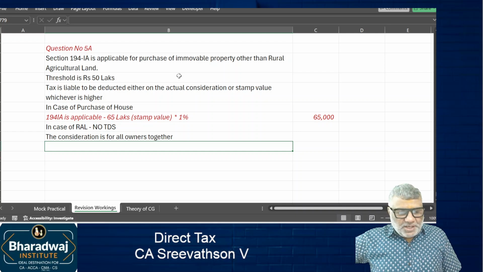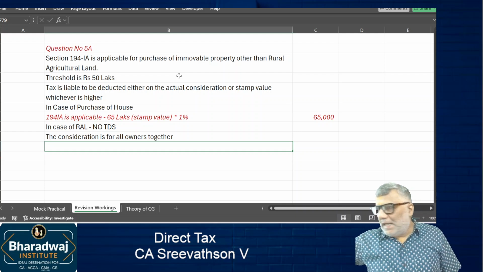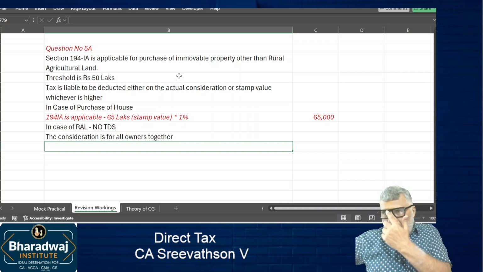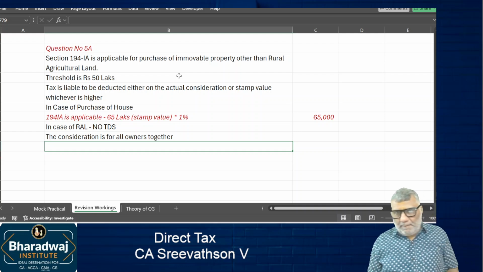The consideration is the threshold and not per owner. 50 lakhs is the threshold and not per owner. This has been clarified recently by the CBDT.